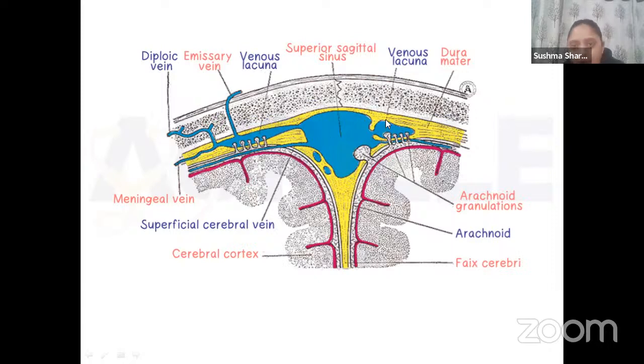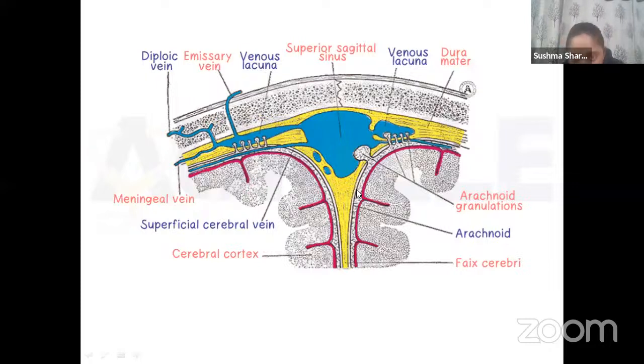When the venous pressure increases for whatever reason, there may be some clot that can come and sit over here, so the venous pressure increases. These arachnoidal granulations close so that the venous blood does not enter into the subarachnoidal space and get collected over there.